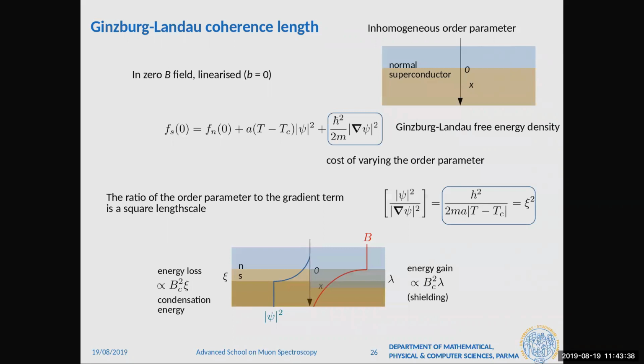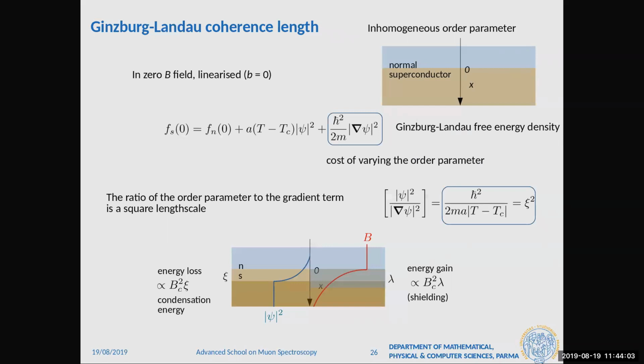And what are the energies? On one side, you are paying the energy of making this coupling. And this energy loss is proportional to the condensing energy over the volume, which is proportional to the thickness of that layer. And the thickness will be how fast the order parameter can change from the normal to the superconducting state.